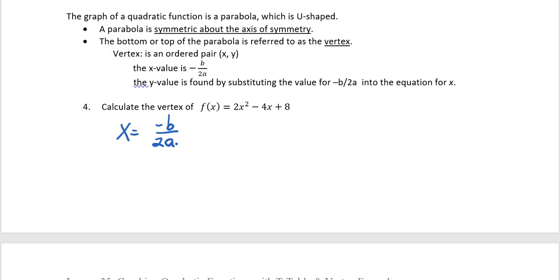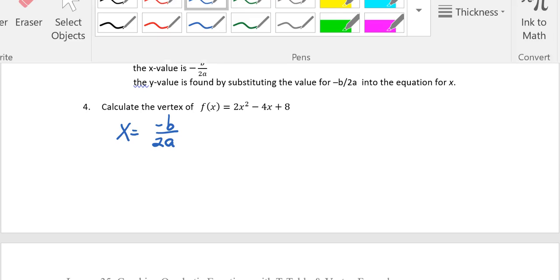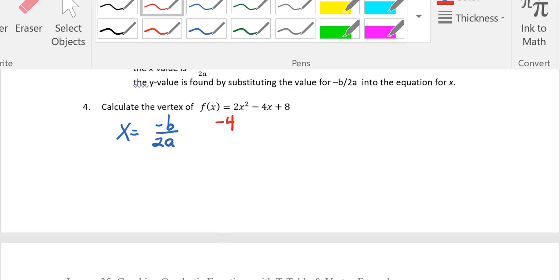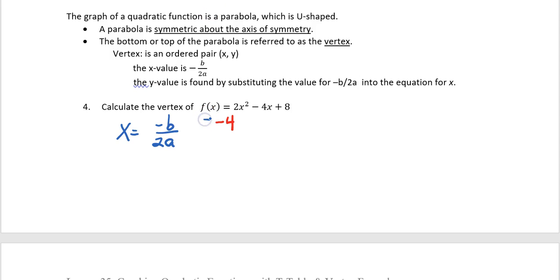If we look at our function, we can identify a value for the letter b. What's the value for b? Yeah, it's a negative 4. Now b is negative 4, but our formula also has a negative in it. So it will be a positive, yep. And in our denominator, we will have 2a, which means 2 multiplied with a.